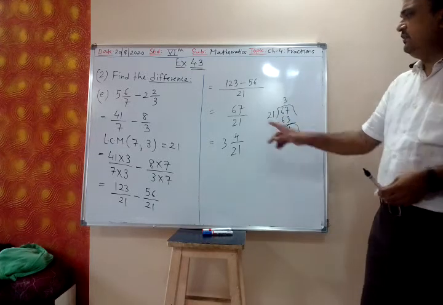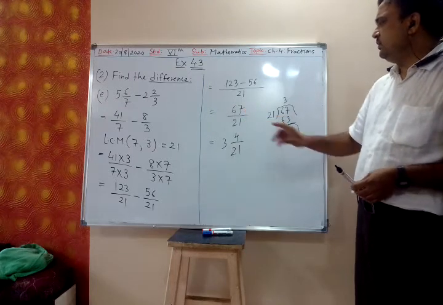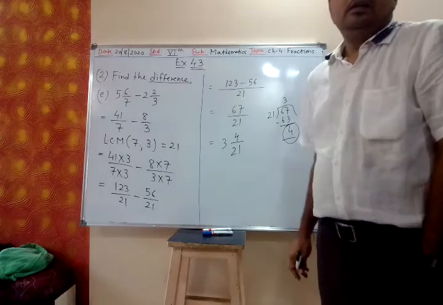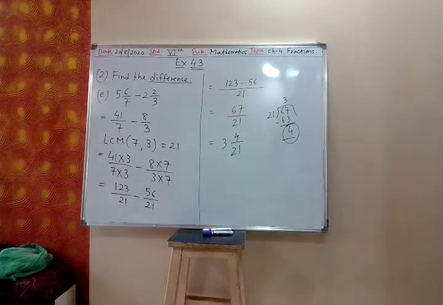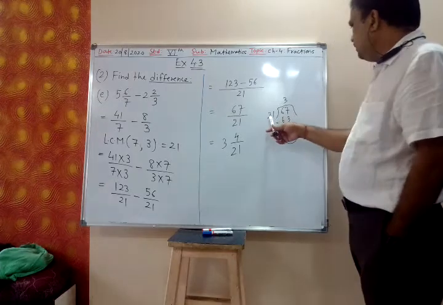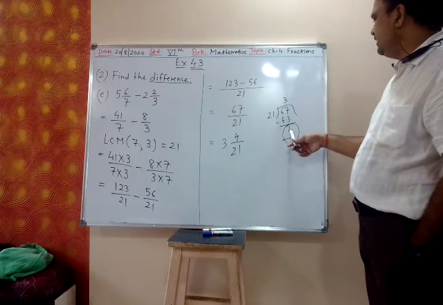So to convert the fraction into a mixed fraction, we divide 67 by 21. 67 upon 21 is the fraction. To convert that into a mixed fraction, I have to divide. 21 threes are 63, 67 minus 63, 4.